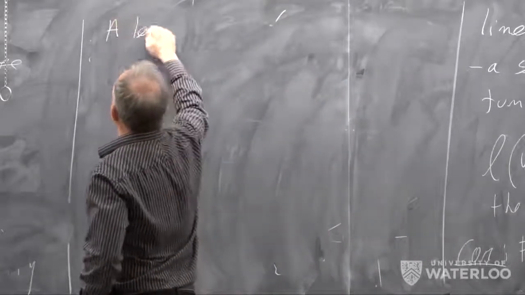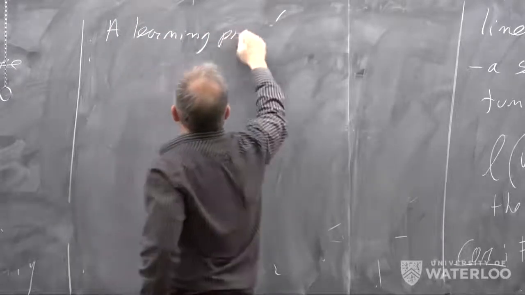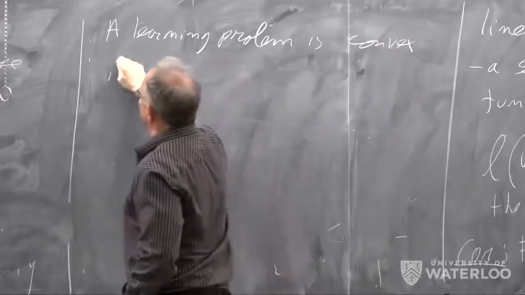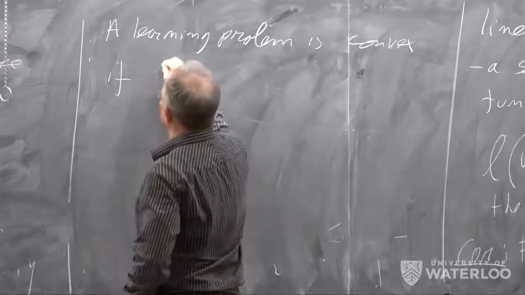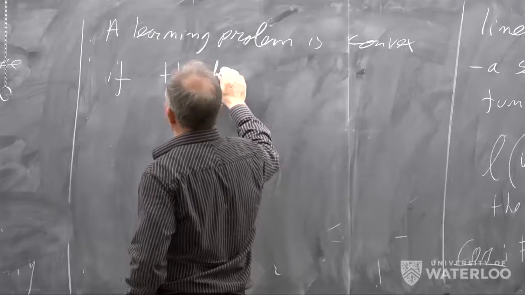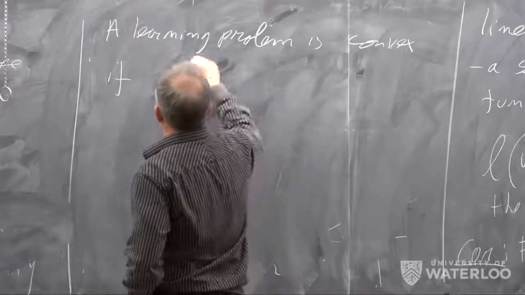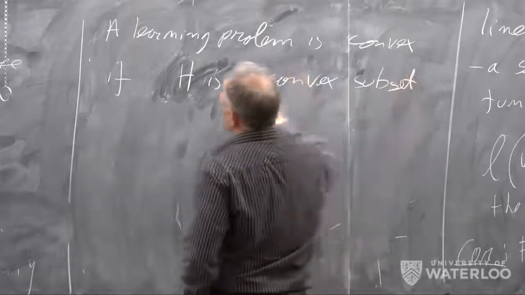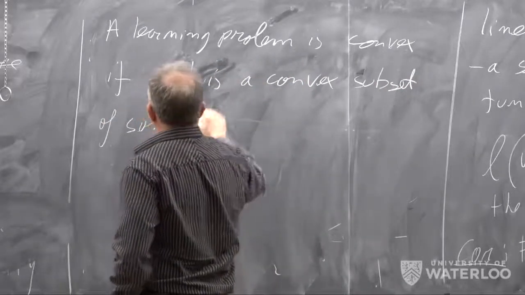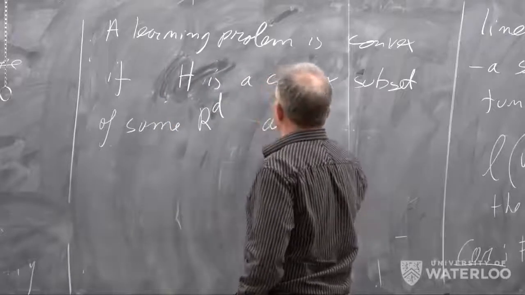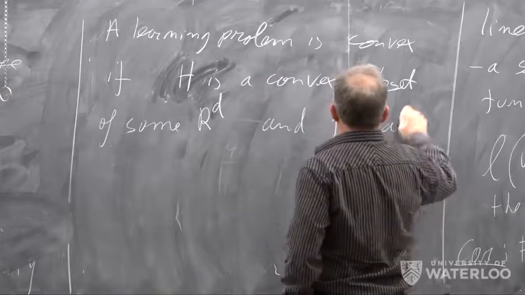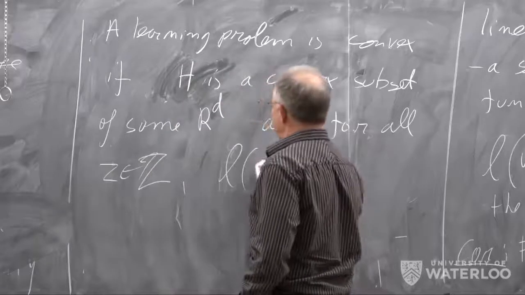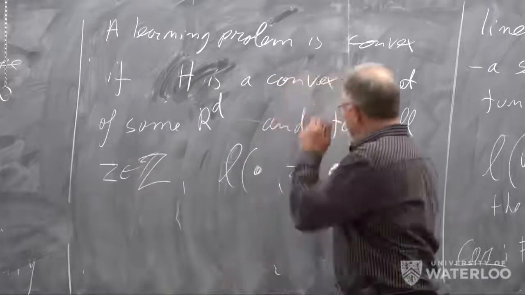A learning problem is convex if the domain H is a convex subset of some R^d, and for all z in Z, the loss L of z is a convex function.